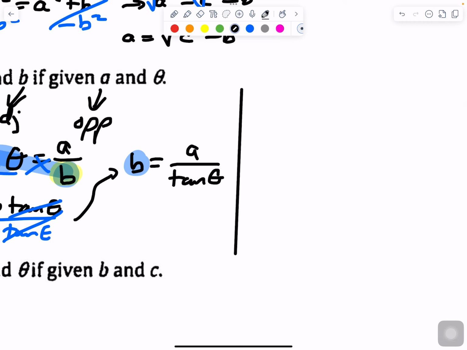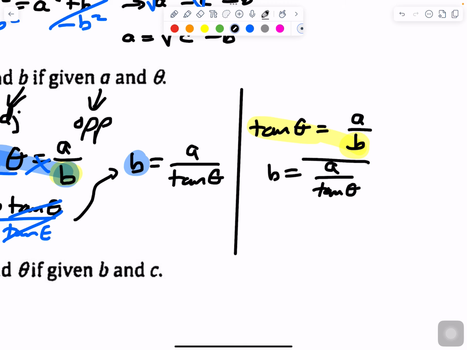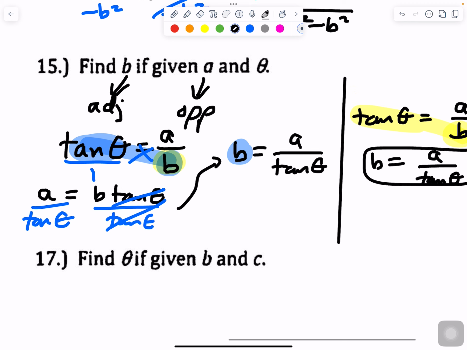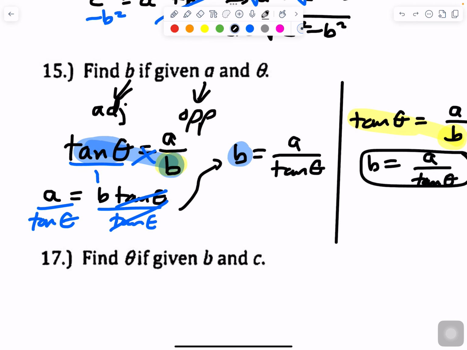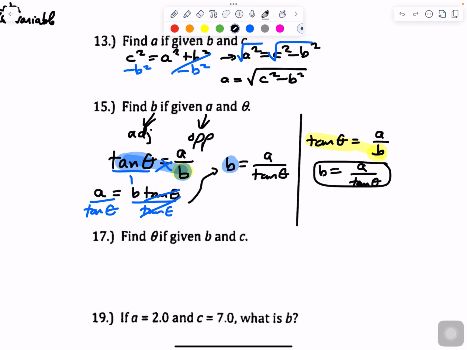I don't know what anyone else calls it, but if I have tan theta equals A over B, and I'm solving for the denominator, then just simply switch it out with the other side of the equal sign, and we get B equals A over tangent theta. You can see how quick that is, as opposed to doing all these extra steps. So when I can show you some shortcuts along the way, I will.